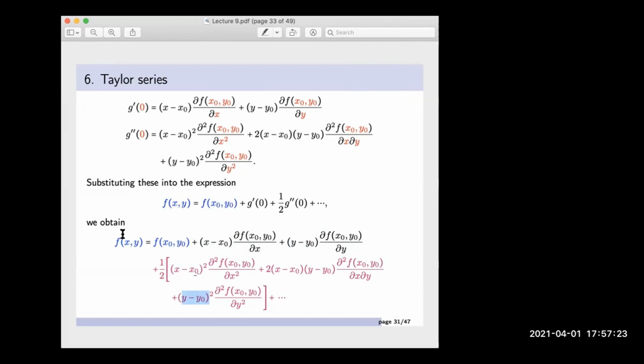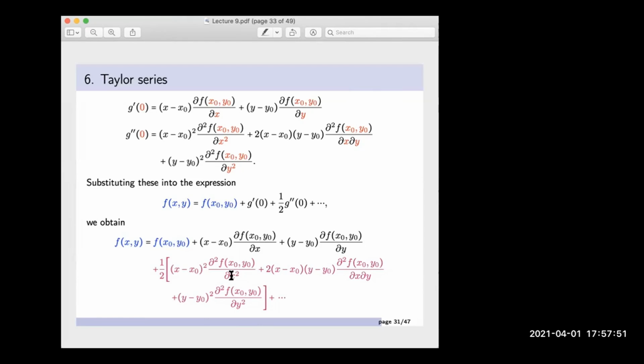So you can approximate a function by a quadratic polynomial consisting of a constant part, linear part, and quadratic part. The quadratic part consists of three terms. It's related to the three different types of second-order partial derivative. In total, you have three different types of second-order partial derivatives, and all appear here.